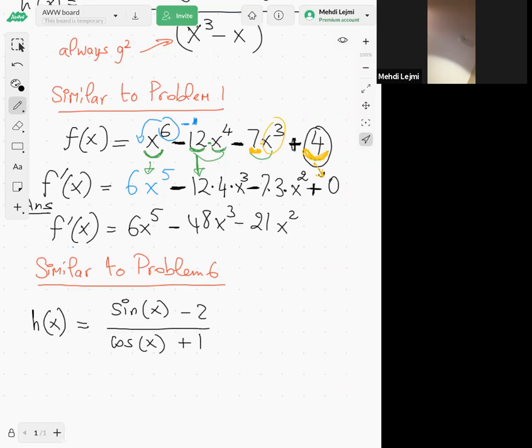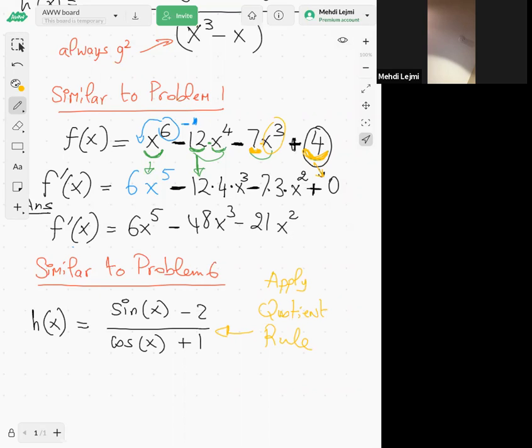Of course, this function h is a quotient, right? We have a fraction here, so we have to apply the quotient rule. Does it make sense that we have to apply the quotient rule here?